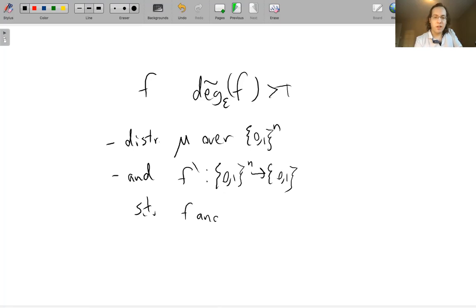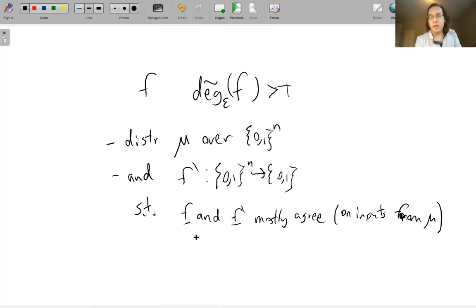You want to provide these two things such that f and f prime mostly agree on inputs from mu. So if you sample the inputs from mu, you'll find that with high probability f and f prime agree. How much does it need to agree?